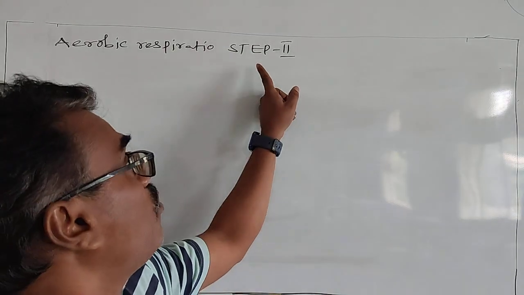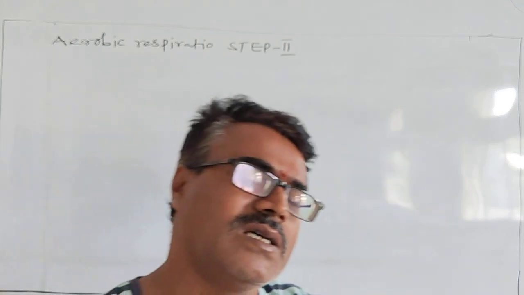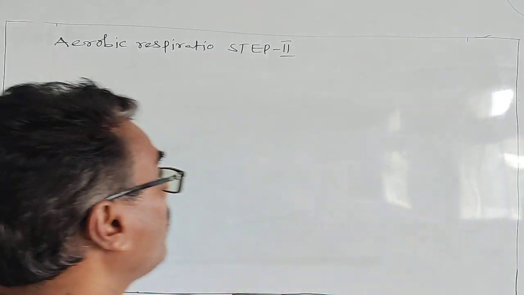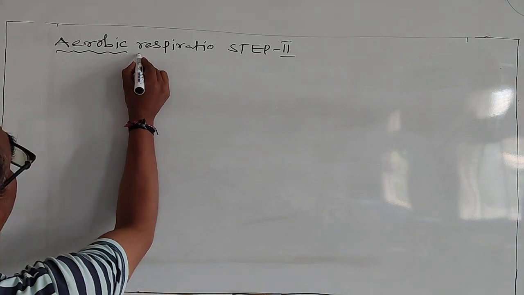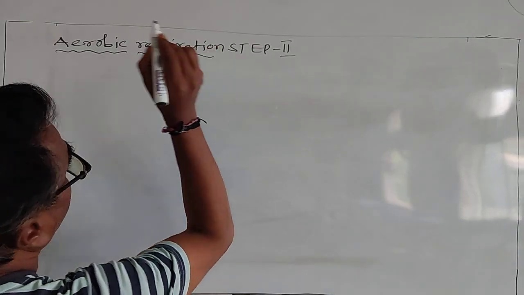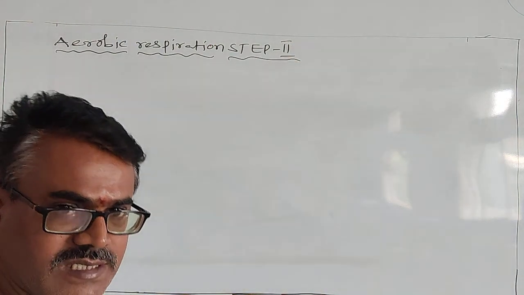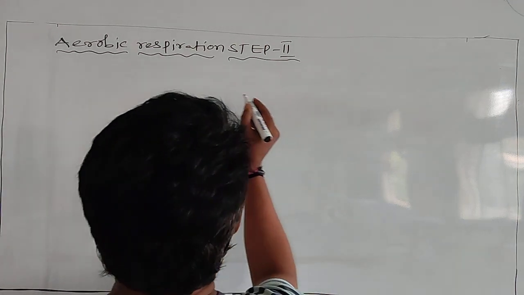Step 2 is the Krebs cycle. Next, step 3 is the electron transport system. Today I am discussing aerobic respiration, step 2 in plants, that is the Krebs cycle.